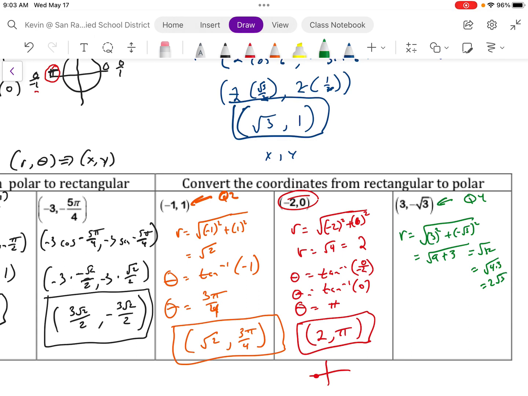There's our r, and our theta is going to be arctangent of negative root 3 over 3.